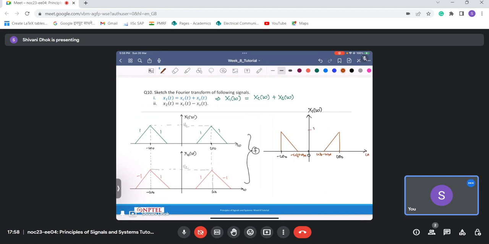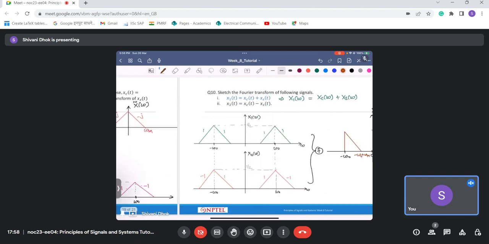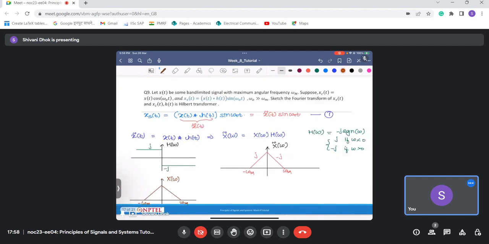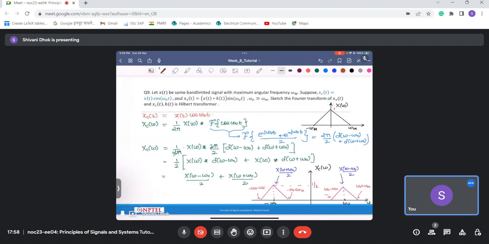This is omega. Now if you look at this factor, this x of omega here, this is a real signal and real signals show the conjugate symmetry property.